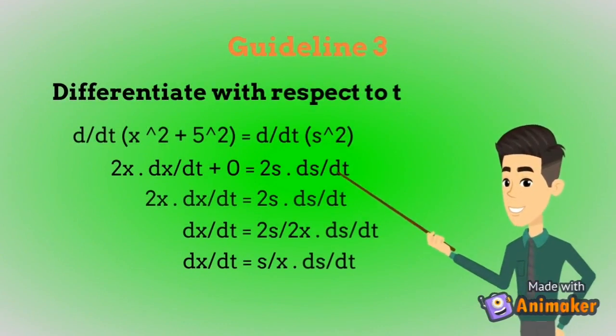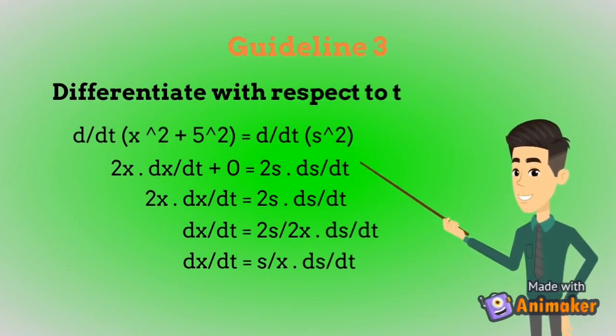Guideline 3. Differentiate with respect to t. We are going to differentiate x squared plus 5 squared equals s squared, so that it will be 2x times dx over dt plus 0 equals 2s times ds over dt.